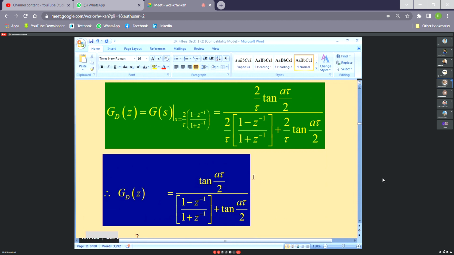The 2 by tau arising from the application of frequency pre-warping and from the application of bilinear transformation cancel out. This is a general phenomenon. All right, irrespective of the type of filter that you design, this will take place.